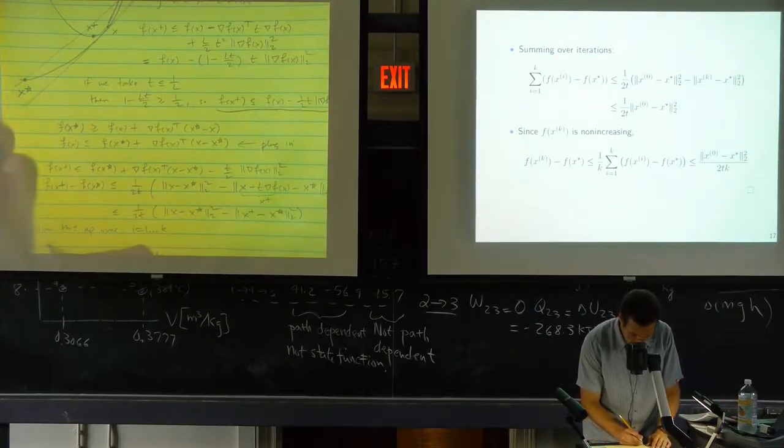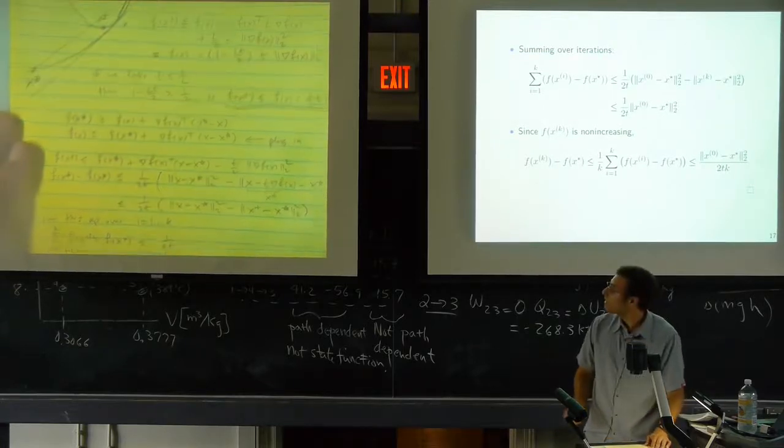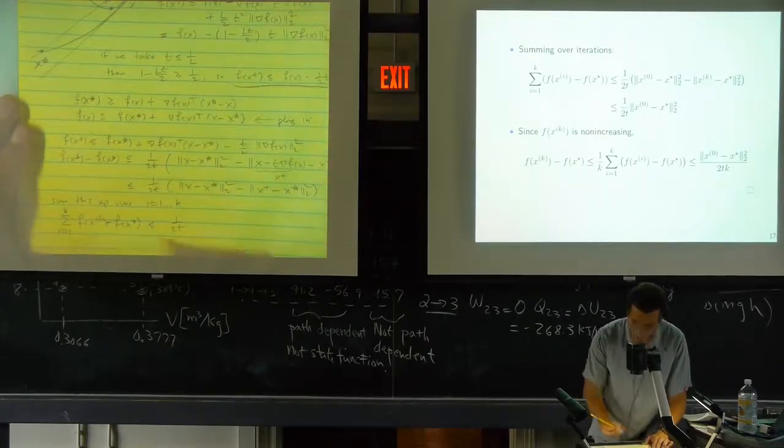And we get that the sum of f of xi minus f of x star, i going from 1 to k, is less than or equal to 1 over 2t. And do I have to write all the terms in this sum? What happens here?